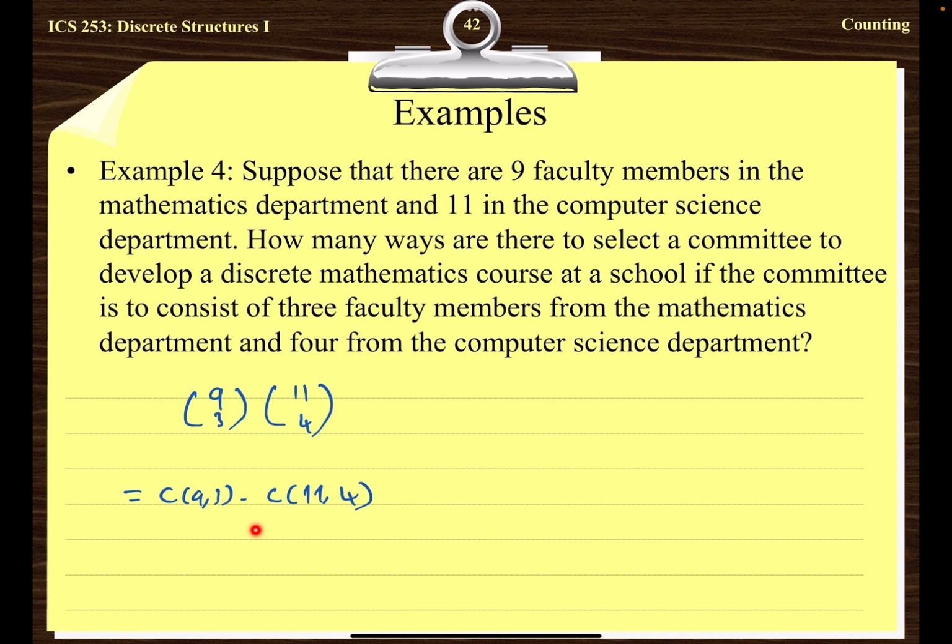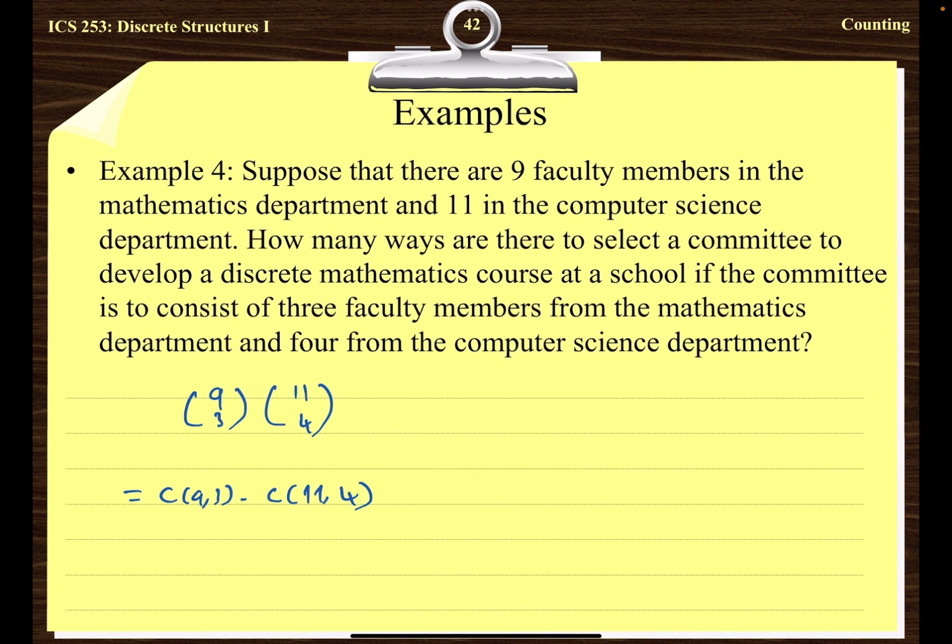So that's why we use the product rule. Here we are assuming that no faculty member is simultaneously in both. Exactly. Here we are assuming that no faculty member belongs to both departments. So each department has its own faculty members.